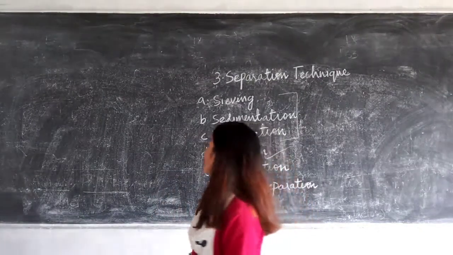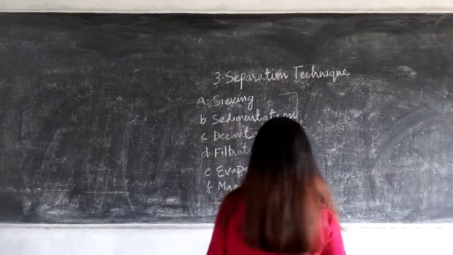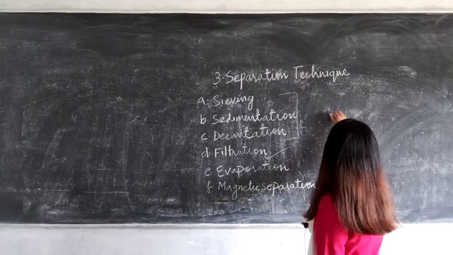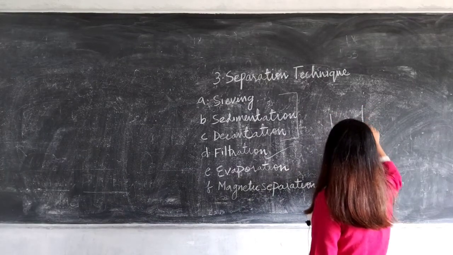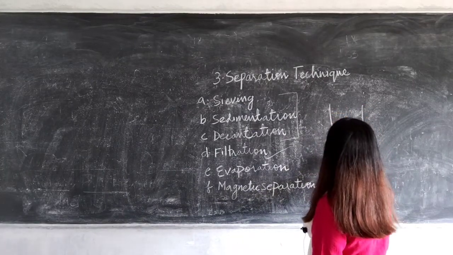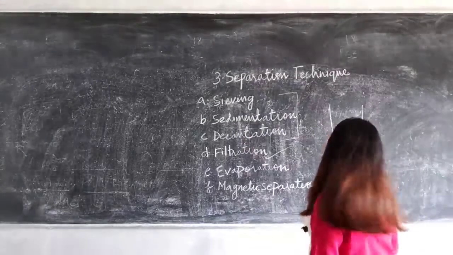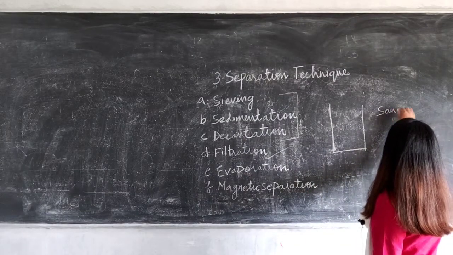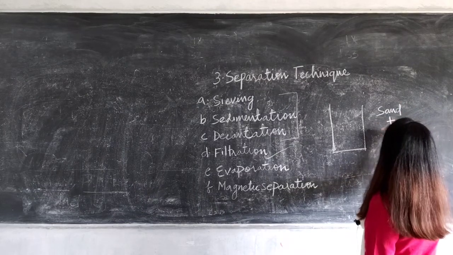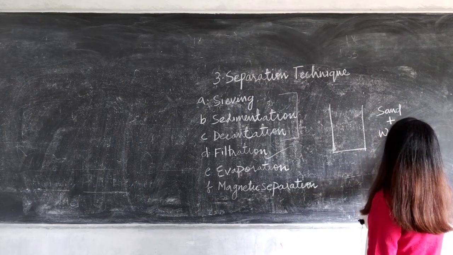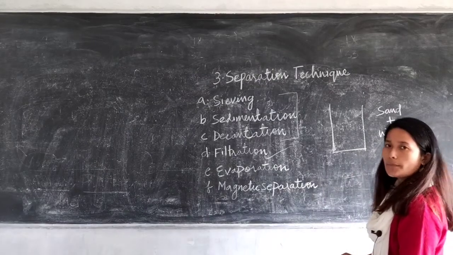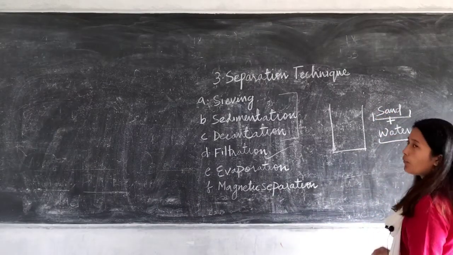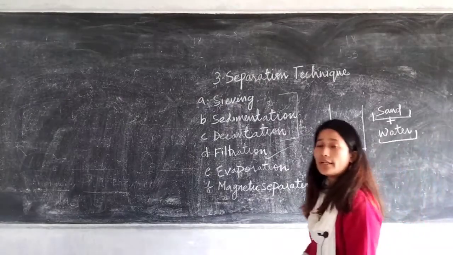Now let's take one example of an experiment. For that, what do you need? You need one beaker. Then what are the other materials required? You need a sand and water mixture. Sand is a solid particle, water is a liquid, and sand is not soluble in water.